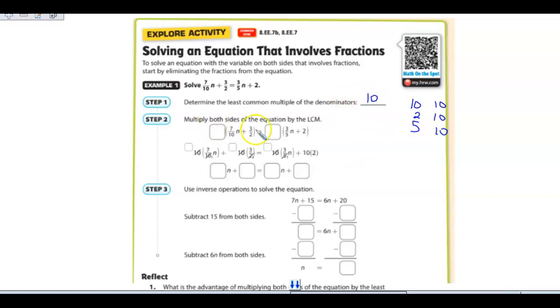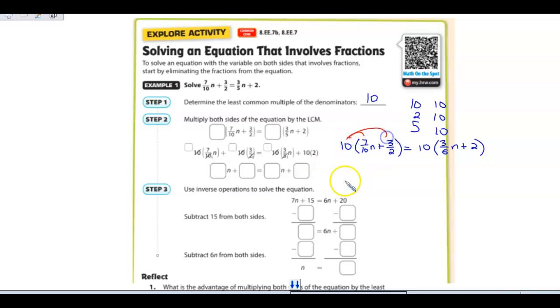And I'm going to rewrite this problem out so it's a little easier to see. So we're going to take 10 times both expressions. So 10 times 7/10 n plus 3/2 is equal to 10 times 3/5 n plus 2. Now I'm going to distribute the 10.